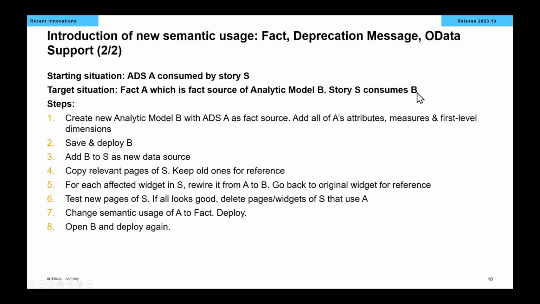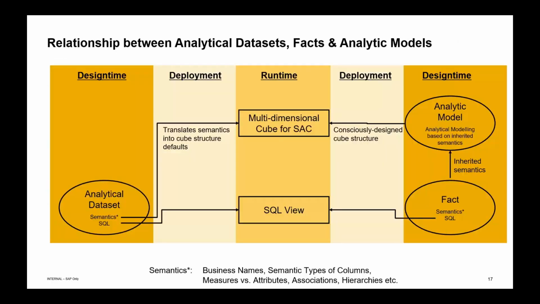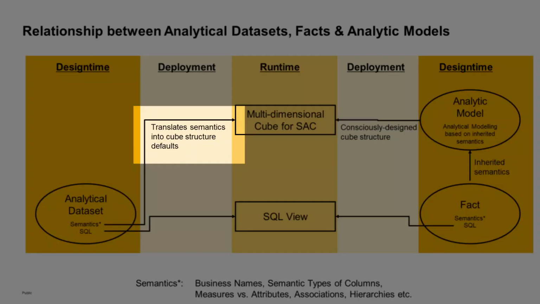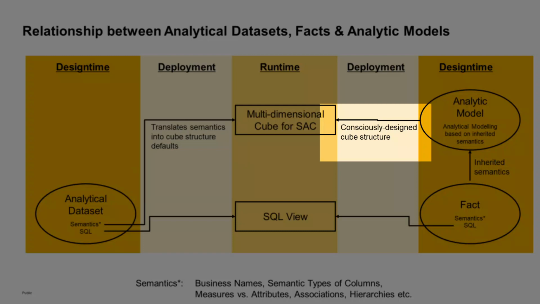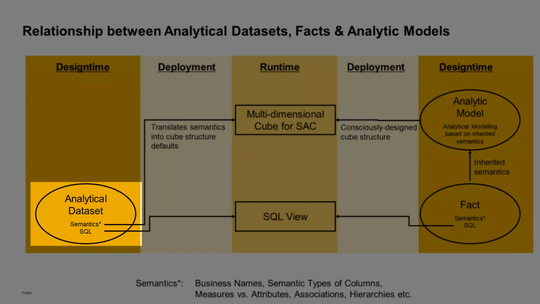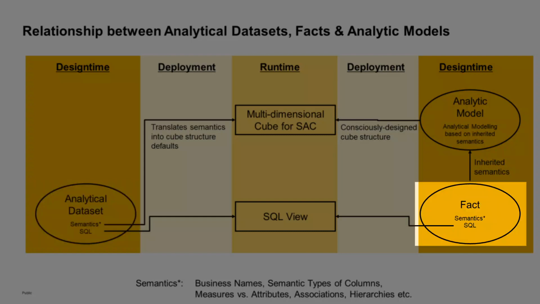So we're replacing: instead of talking to the ADS cube, if we go up here, your story talks to this cube. And this guy is classified rather than as an analytical data set, as a fact.